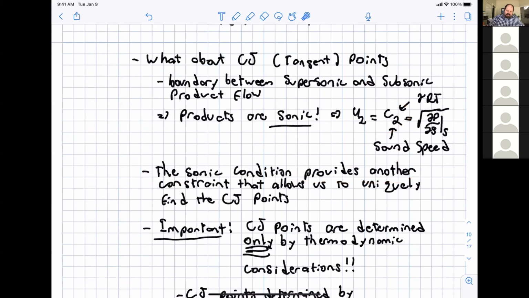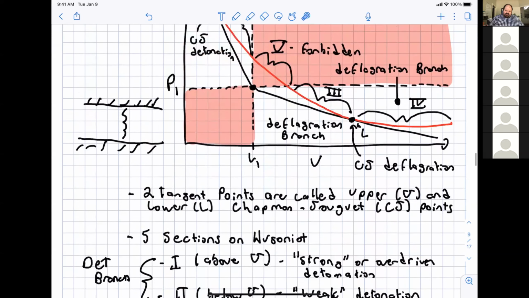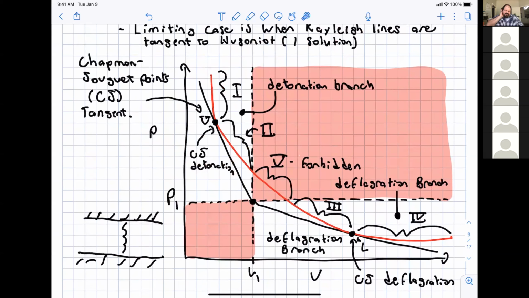Because if you think about it, if we're trying to find the solution to our system, we only know what the state of the reactants is. We have to specify how fast the flow is coming in. But we know nothing about state 2, with the exception that it is at full chemical equilibrium. That's the only thing that we know about state 2.